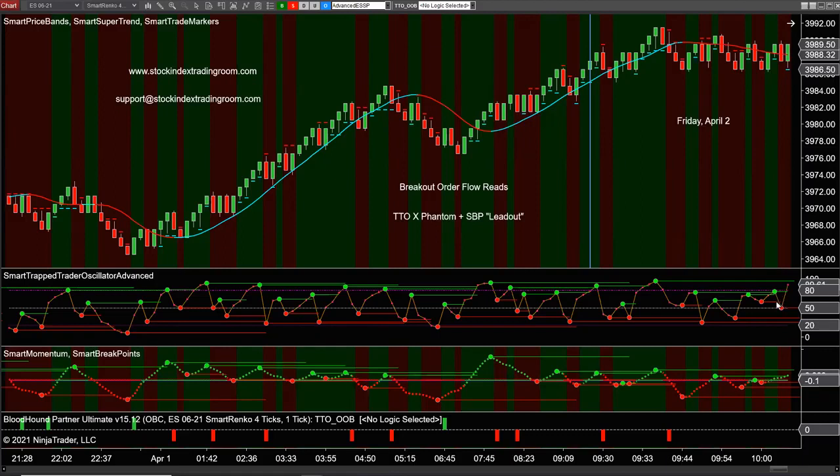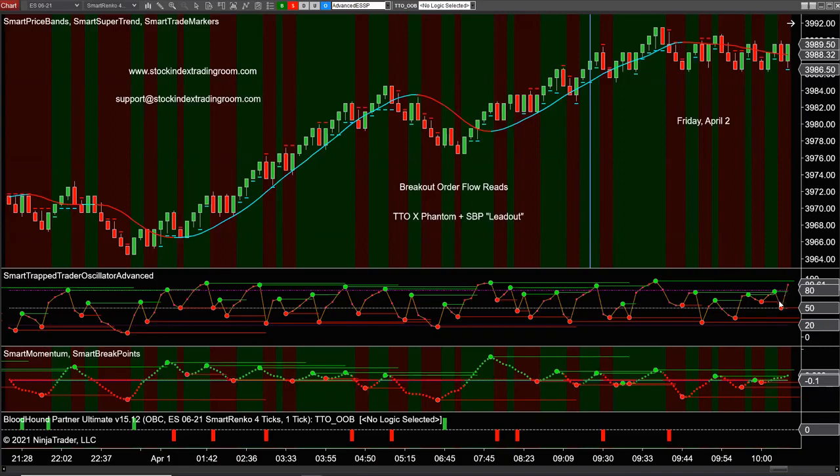These horizontal lines are called smart breakpoints, these large dots, smart breakpoints with a horizontal line. And when Trapped Trader Oscillator runs through one of those, that's a lead out. And when it runs through a red and a green at the same time, it's a double order flow lead out. It really predicts future price movement very, very accurately.